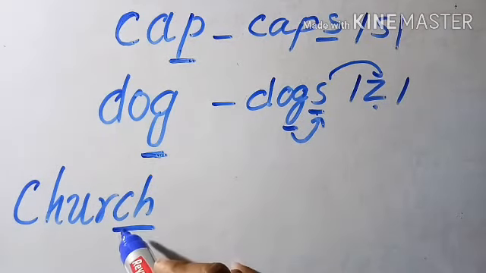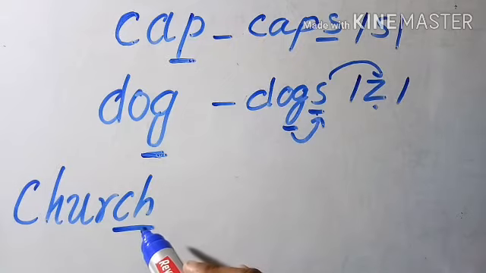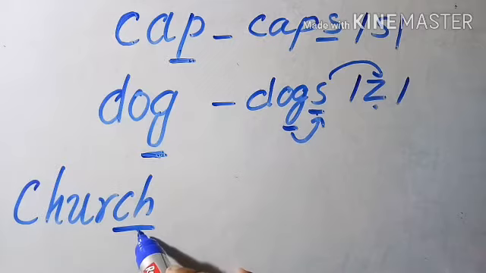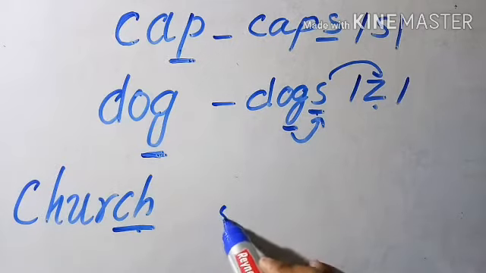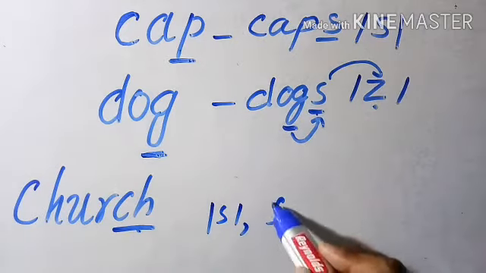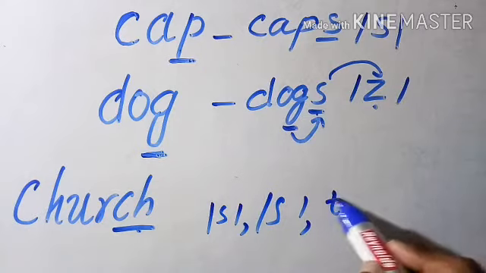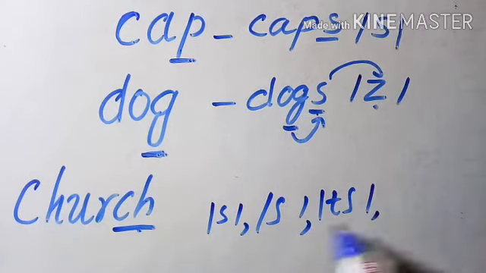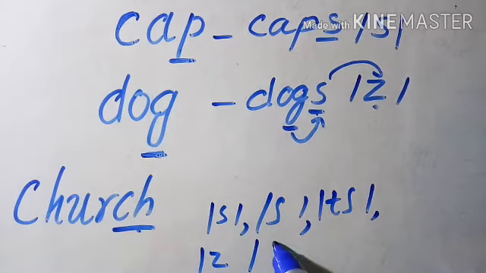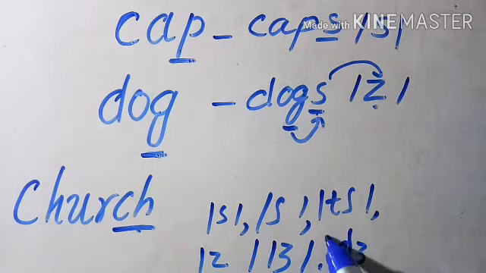Next, the third one is church. There are six sounds which make the final one iz. That is ch, s, sh, z, j.